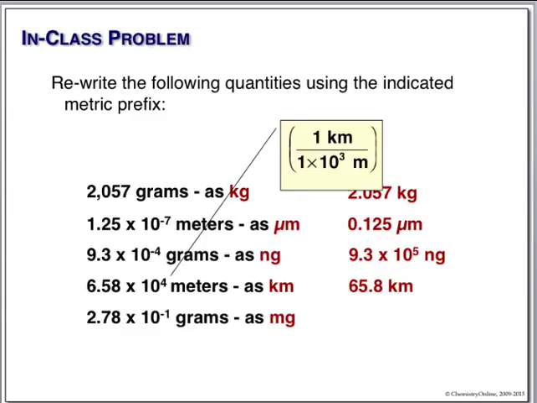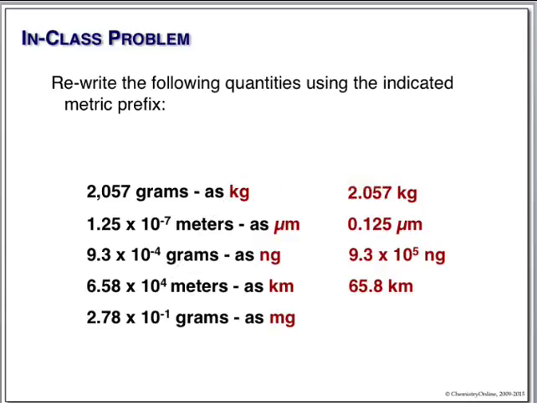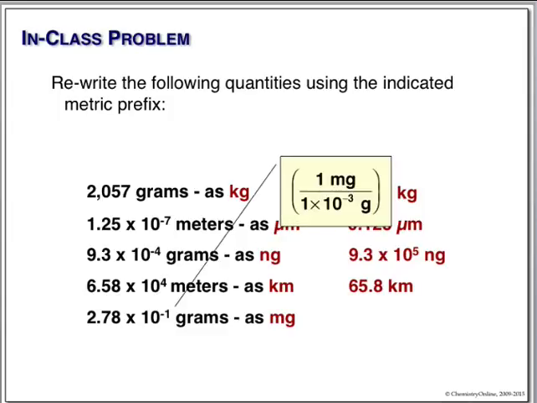Grams and milligrams, milli is 10 to the minus 3. We need a ratio with grams in our denominator. Grams will cancel. Our exponents, we're going to subtract, and we get 278 milligrams.